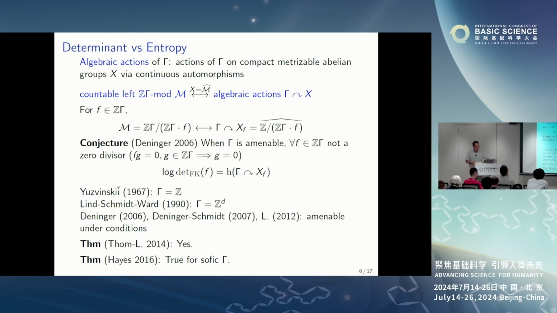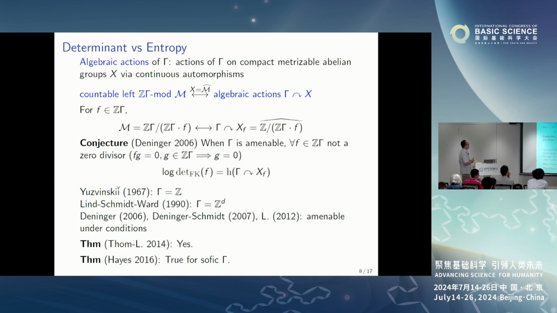Now we can really state the correspondence between the determinant and the entropy. For this, we have defined both sides, but we need a common setting so that we can compare both sides. The setting is the so-called algebraic actions. These are actions of the group on compact metrizable abelian groups by continuous automorphisms.